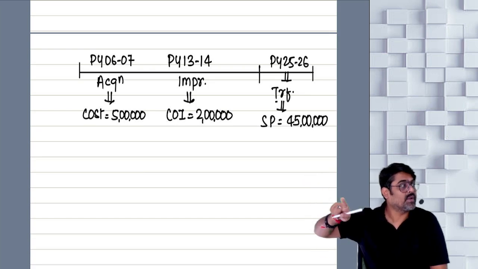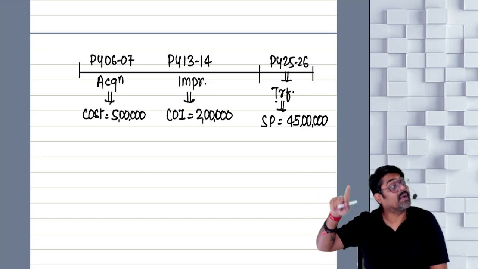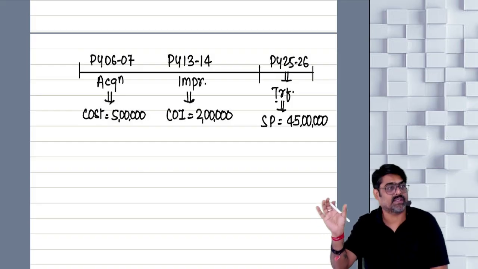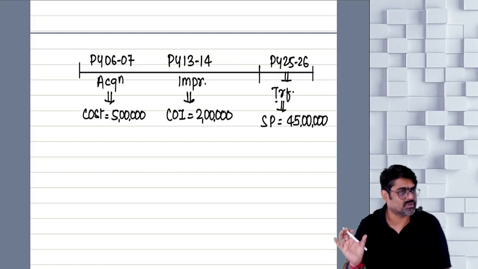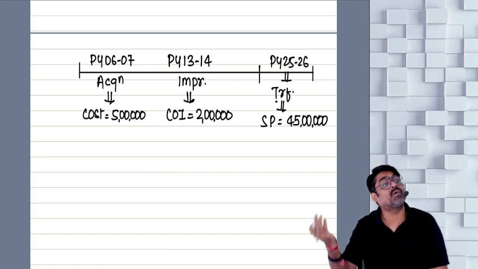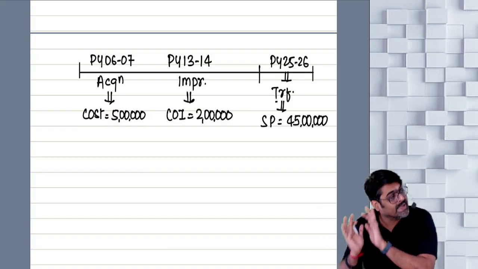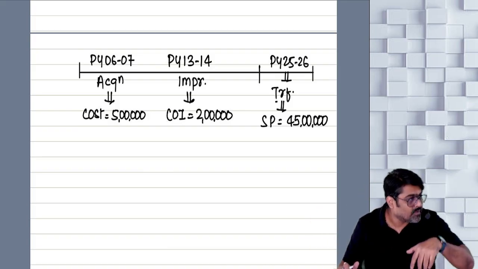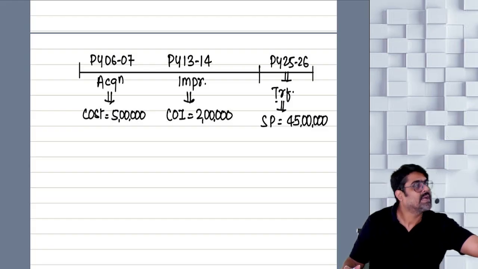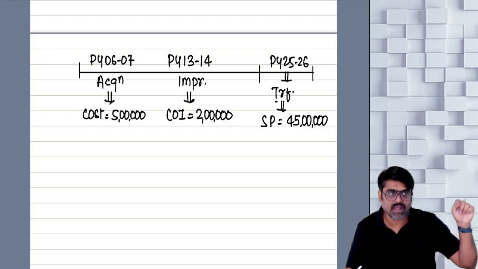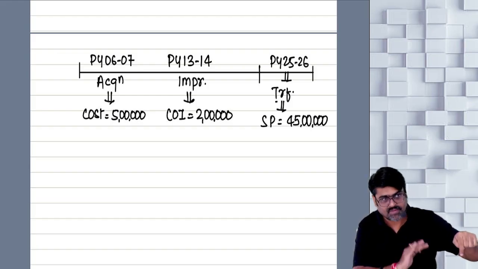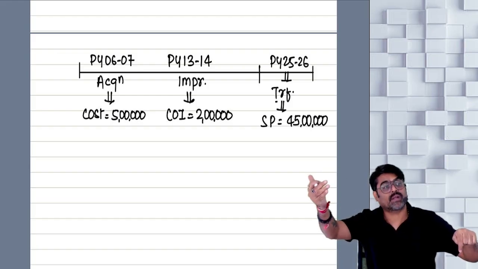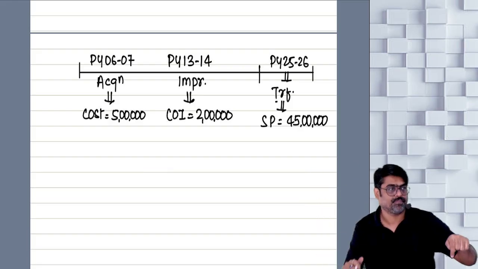Whenever you calculate your capital gain, from your net consideration don't just reduce the cost of acquisition, also reduce the cost of improvement, because by incurring this cost, the value of your asset has increased, and as a result you are getting this higher selling price. If you had not incurred this amount, the amount you would have received would have been lower.